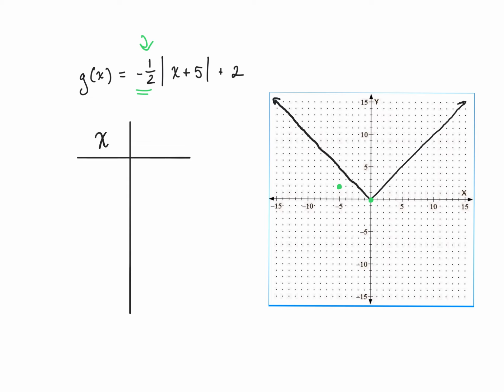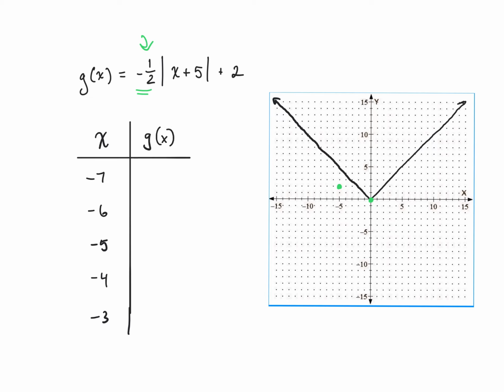I'll use 2 or 3 values to the left of -5 and 2 values to the right: -7, -6, then -5, and then -4 and -3. Those are the values I'm going to plug in, and I want to see what happens.